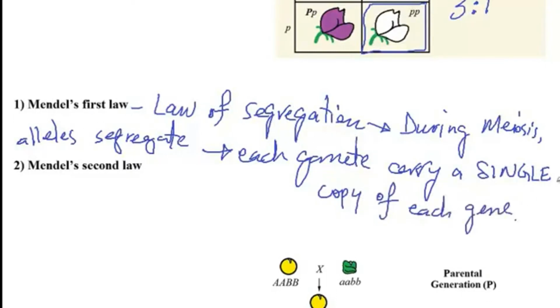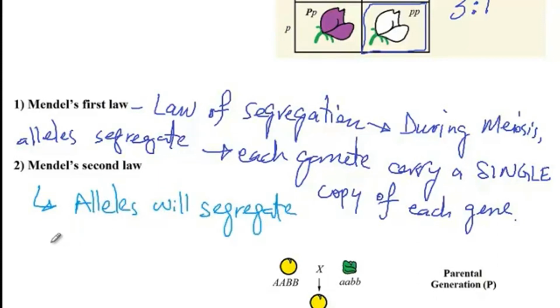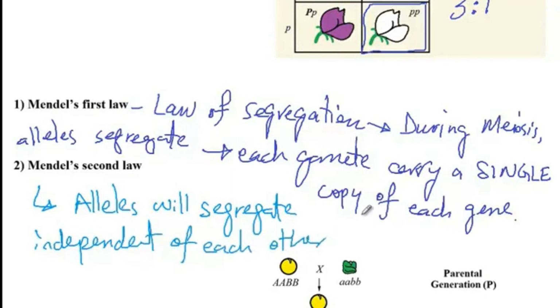And then we have the law of independent assortment, which states that the different pairs of alleles will segregate independent of each other during meiosis, provided that they are not linked together, meaning that they are not on the same chromosome. So alleles will segregate independent of each other, provided that they are not on the same chromosome.